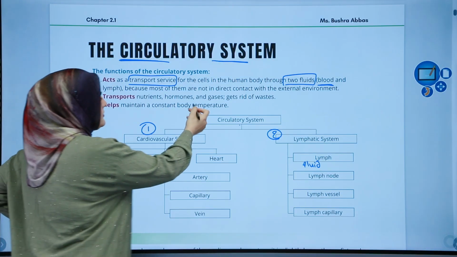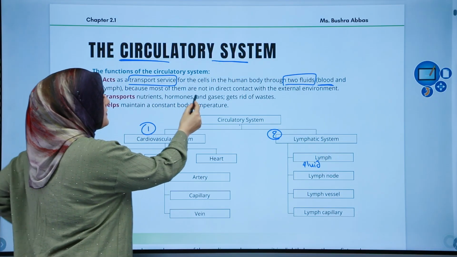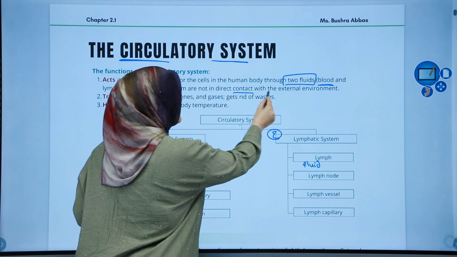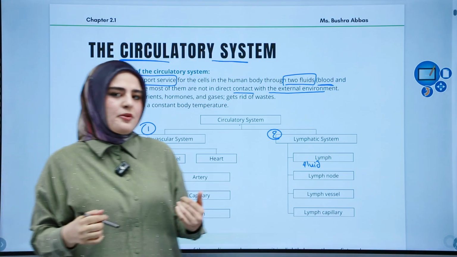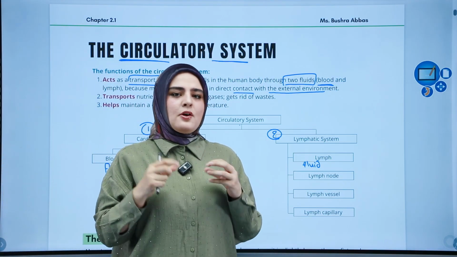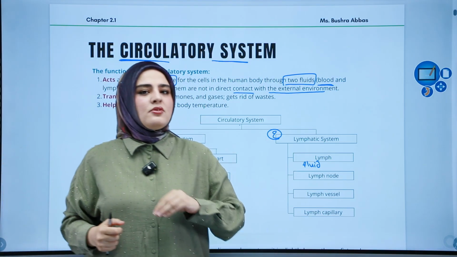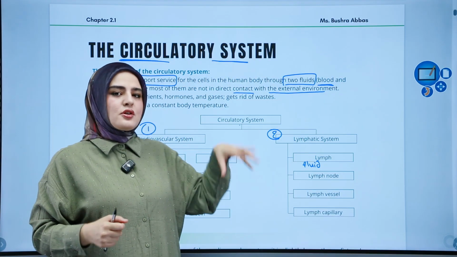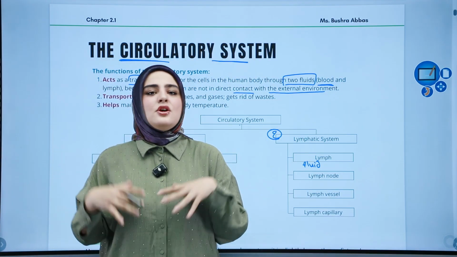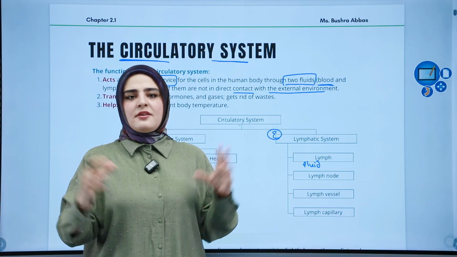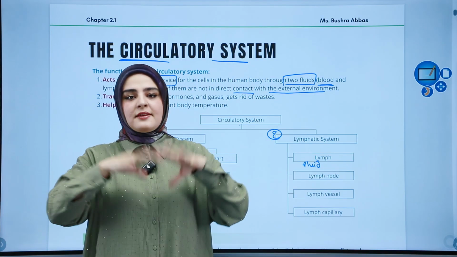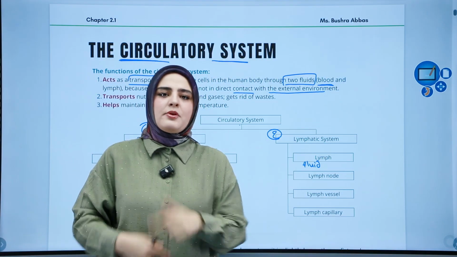Most cells are not in direct contact with the external environment, which means that some of the cells in your body are deep within your organs. They will not be able to get their own oxygen and food from outside. So what happens is we develop a system that brings food, another system that brings oxygen, and the circulatory system to take it everywhere.